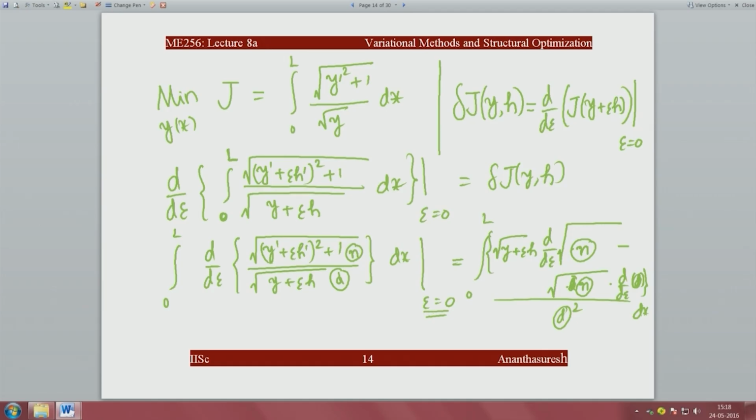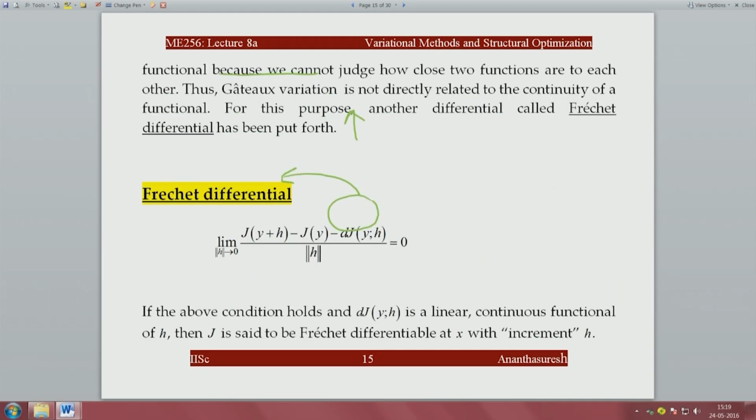That integral will be your first variation. So, first variation is also an integral, okay. As we take up more examples, then you will see how we can do this routinely and be able to use it to find the minimum function, okay.